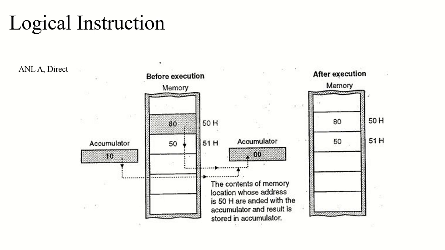This is the function of logical AND for byte variables. It will perform a bitwise logical AND operation between the destination and the source byte. The result will be stored in the destination byte, which means if I'm taking A comma direct, then the result will be stored in A, the accumulator.